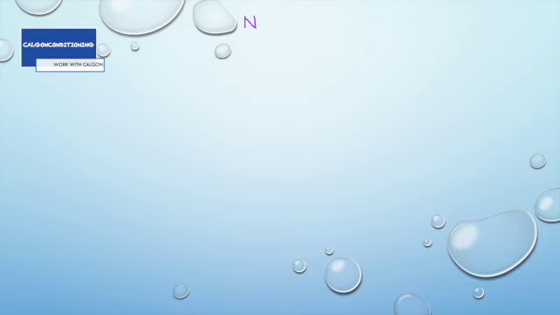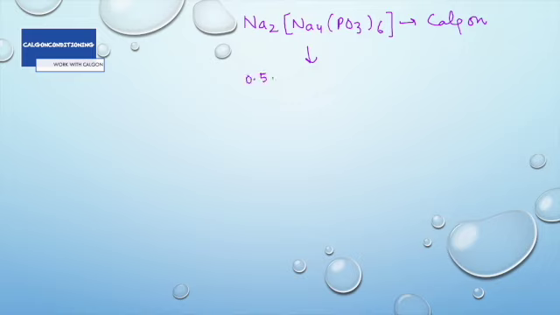Let's write down the formula again. It is Na2 Na4 (PO3)6. This is nothing else but Calgon, and we add this Calgon to the boiler water. What amount of it is added? We take 0.5 to 5 ppm of Calgon to add into water.